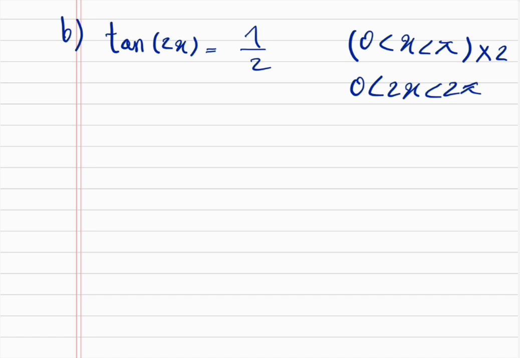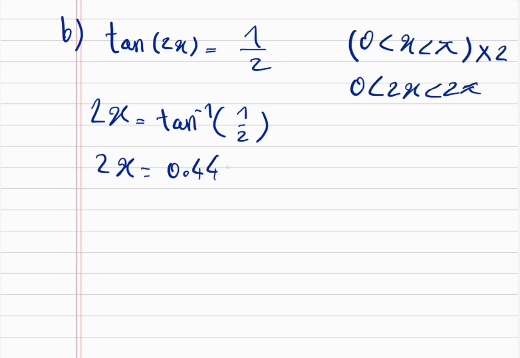Okay, if we want to solve this, we just do tan inverse of a half, and you are going to get the value on your calculator as 0.4436, and this is approximate because I have rounded that.